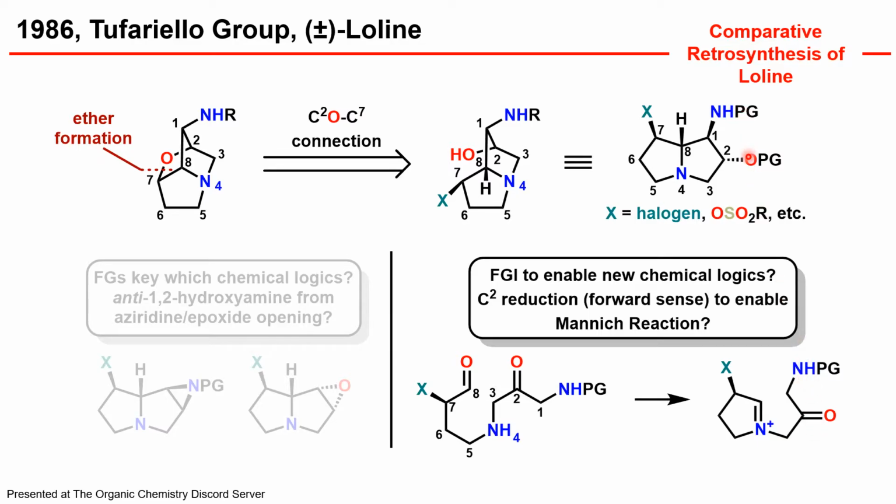And so you could think about it going forward: you would start with this material where the oxidation state here is different, and you could do the classic reaction known as the Mannich reaction, where this amine could possibly condense onto this aldehyde here and make one of the cycles, and then this acidic CH at this position next to the amino ketone could then attack here, right? And then you'd have the cyclized product, but the only difference would be the oxidation state of this oxygen. So once you have the cyclized Mannich product, then you could reduce it. Okay.